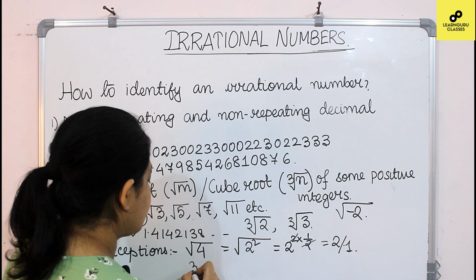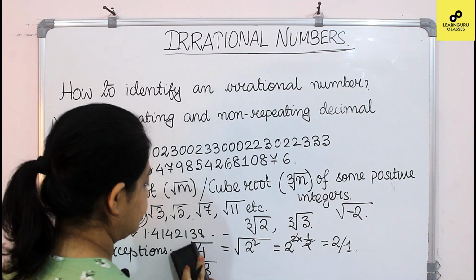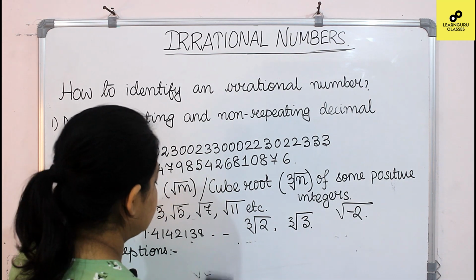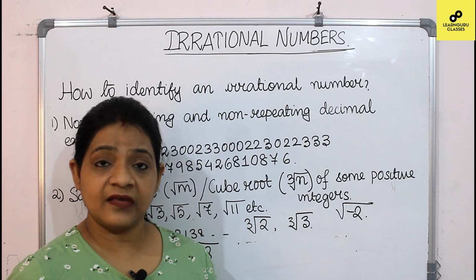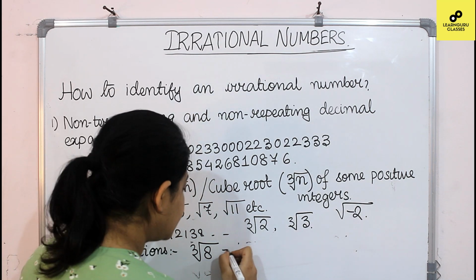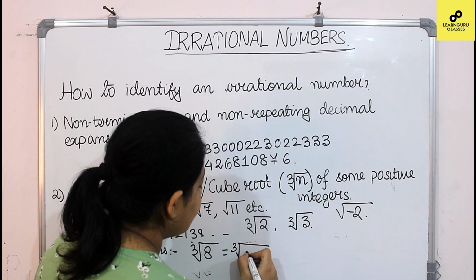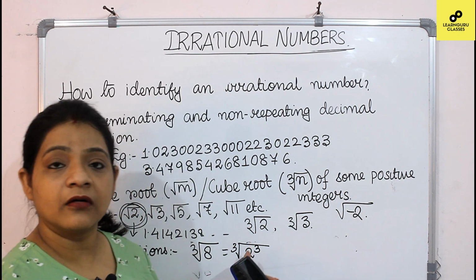Similarly, cube root of 8 is not an irrational number, because cube root of 8 we can write as 2 to the power of 3.